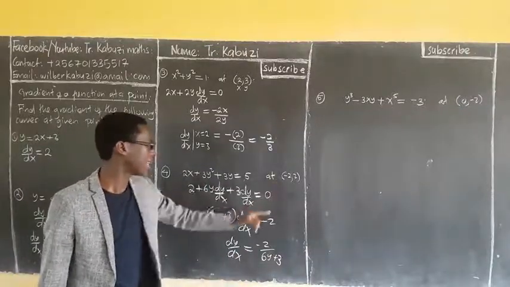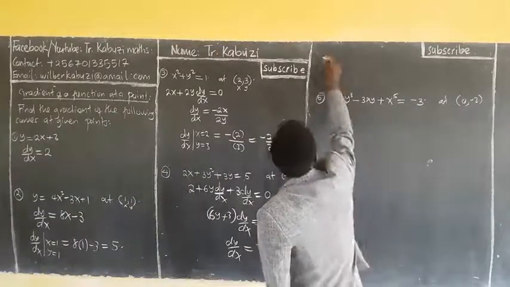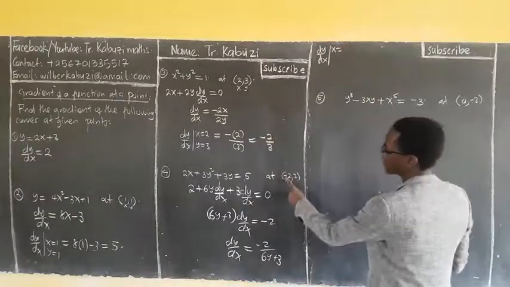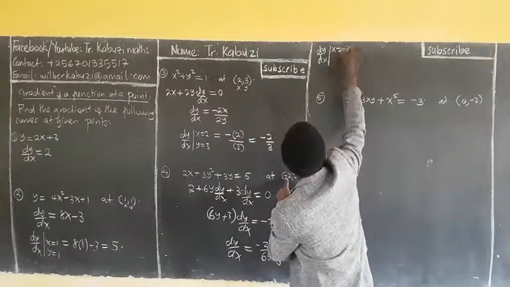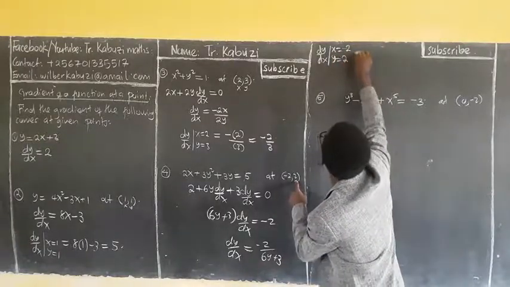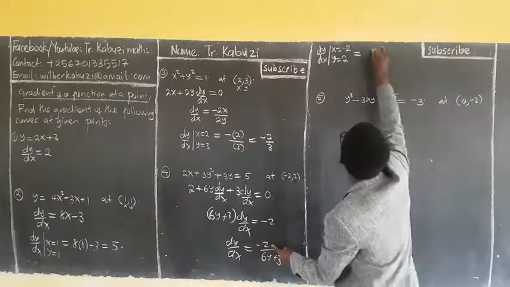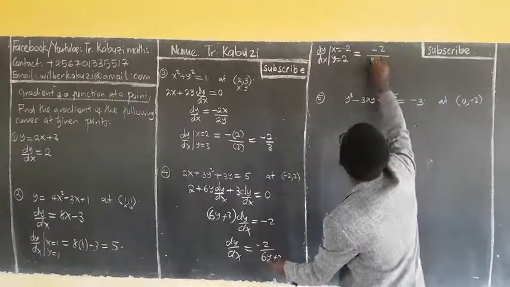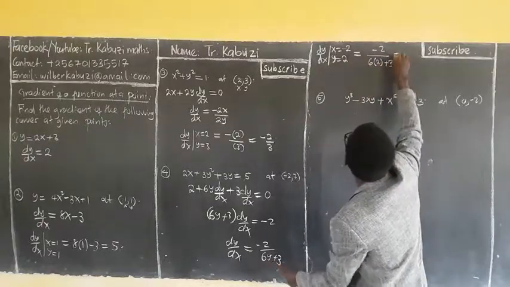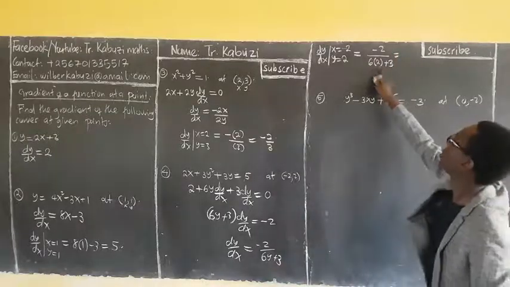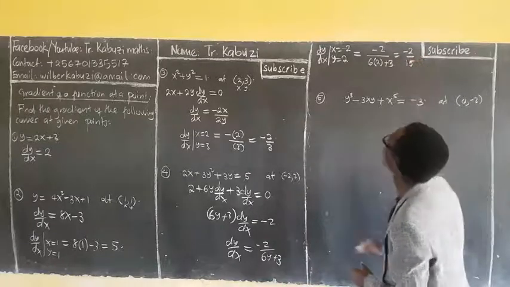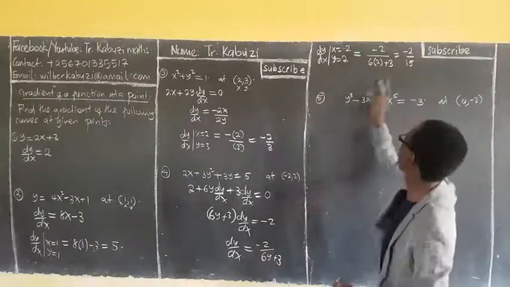They want it at the point where x is negative 2 and y is 2. Substituting in this formula, it will be negative 2 over 6 times 2 plus 3, which simplifies to 12 plus 3, so we have negative 2 over 15. This is the gradient of this curve at this point.